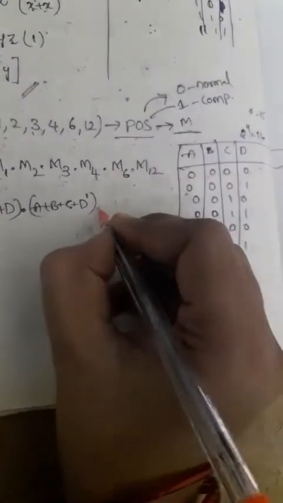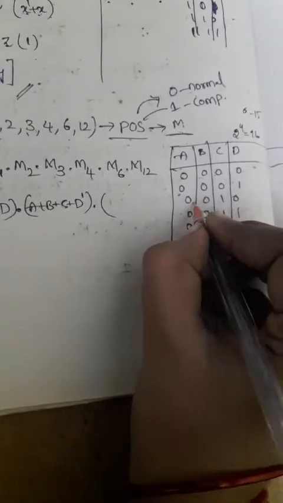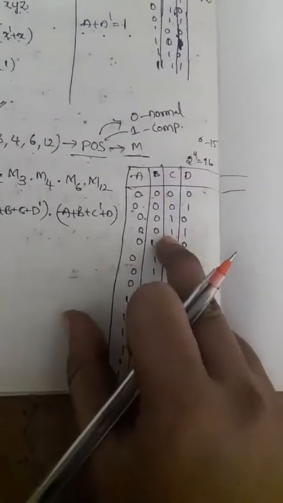Okay, so into m2, this is 0010: a plus b plus c complement plus d. Okay, next m3, 0011: a plus b plus c complement plus d complement.